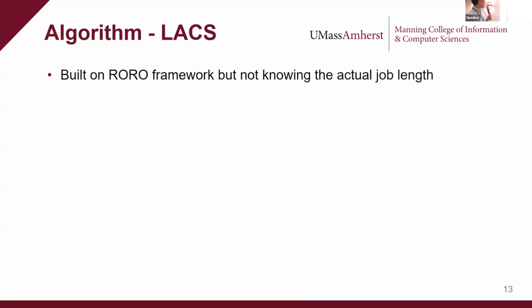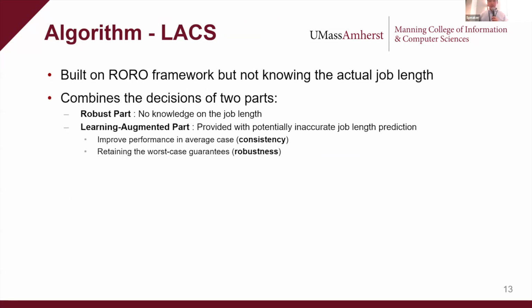And so now for the main contribution, LACS. So it's built on this RoRo framework, but does not need to know the actual job length C. So it combines the decision of two parts. A proportion of the decision is based on a robust application of RoRo, so it does not know the job length, and also considers a learning augmented part, which takes in the prediction of the job length.